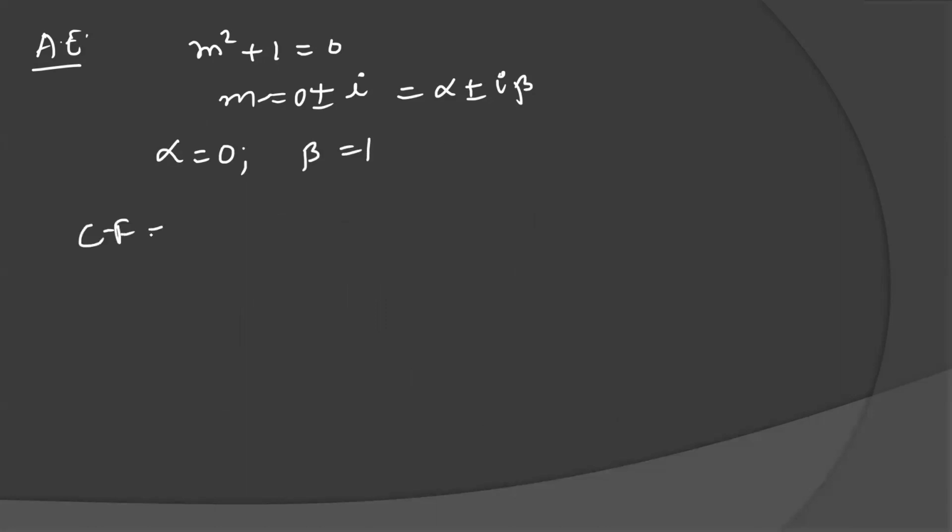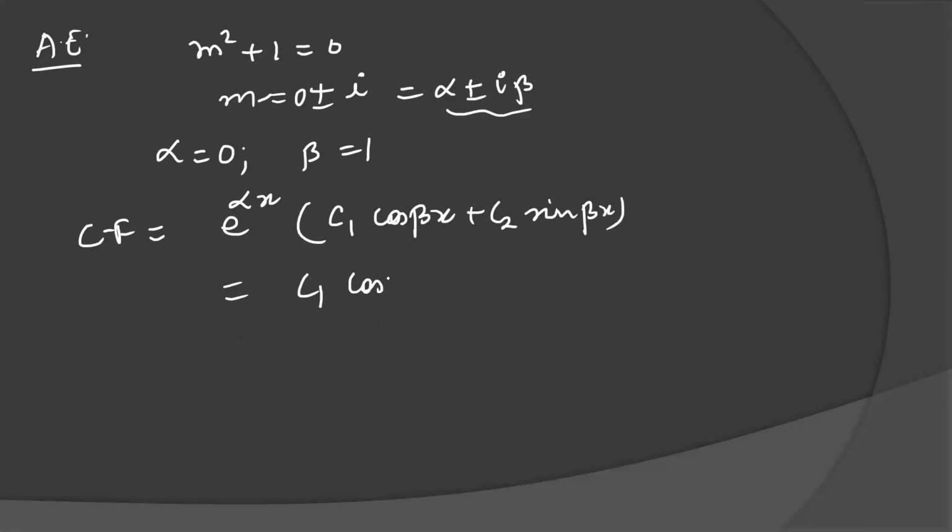So your complementary function is written as, if the roots are alpha plus minus i beta, e to the power alpha x times c1 cos beta x plus c2 sin beta x. Now put the values of alpha and beta, it will become c1 cos x plus c2 sin x.